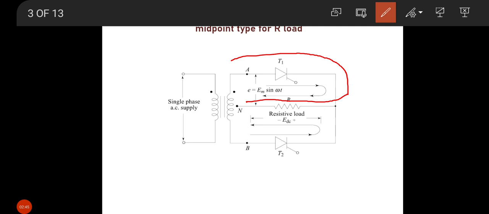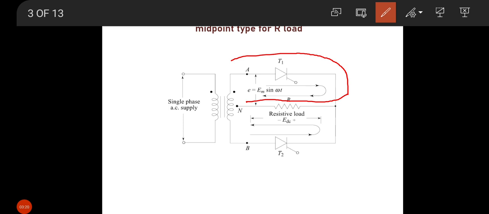During the negative half cycle of the supply voltage, terminal B is more positive with respect to terminal A. Thyristor T2 is in the forward bias condition and thyristor T1 is in the reverse bias condition. When thyristor T2 is triggered at omega t equal to pi plus alpha, it is in the conduction state.